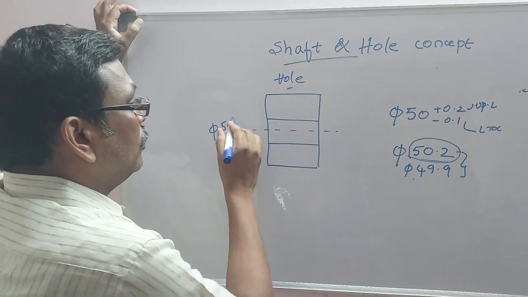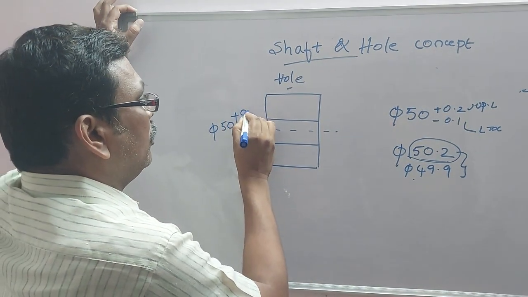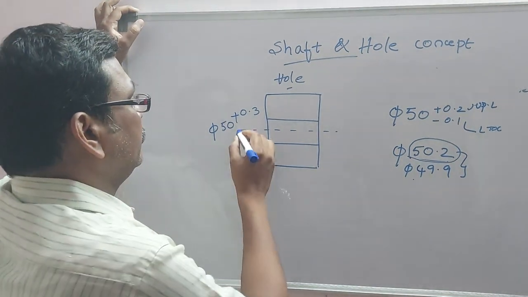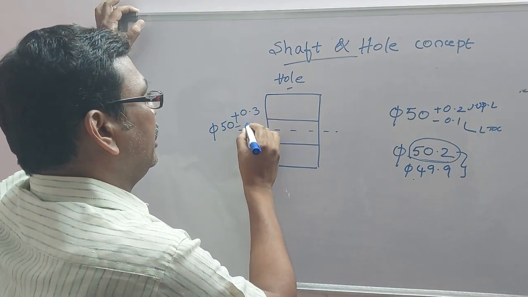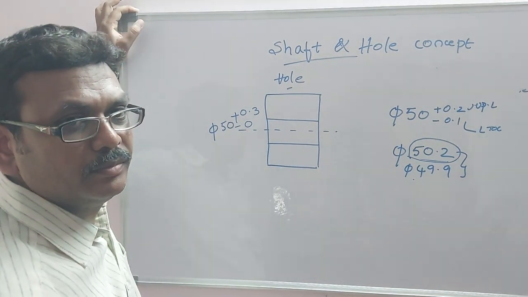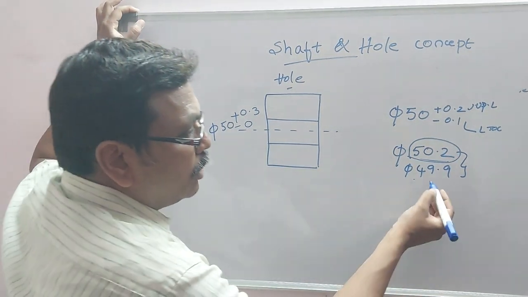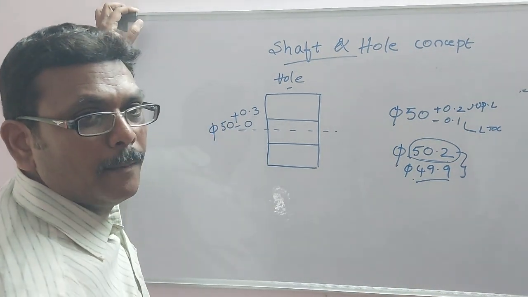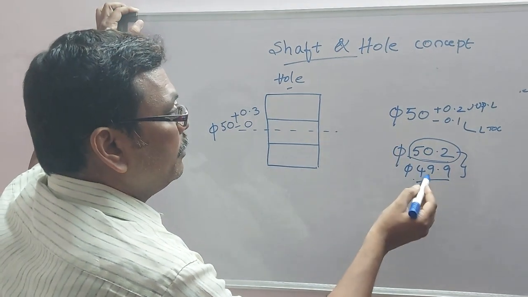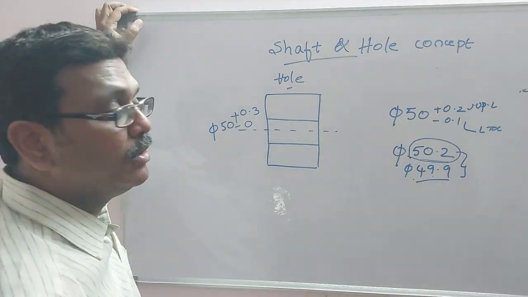That means the hole should have a tolerance of 0.3 maximum, and it can be a 0, but it should not go beyond this one. Maximum should not go beyond this one and minimum should not go beyond that limit.